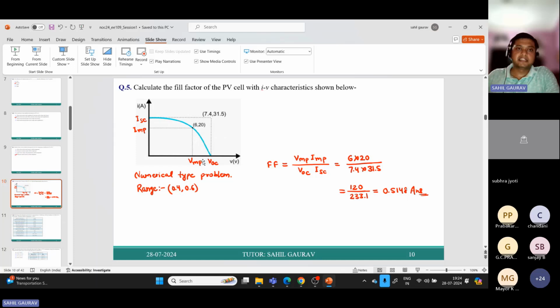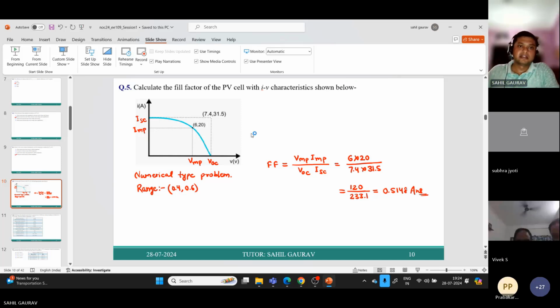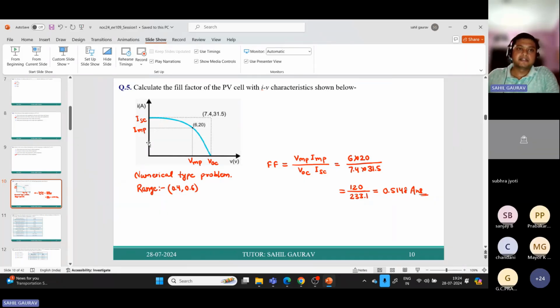From there we get the open circuit voltage and short circuit current for that PV module. And based on the IV characteristics, we will get the maximum power point current and maximum power point voltage.